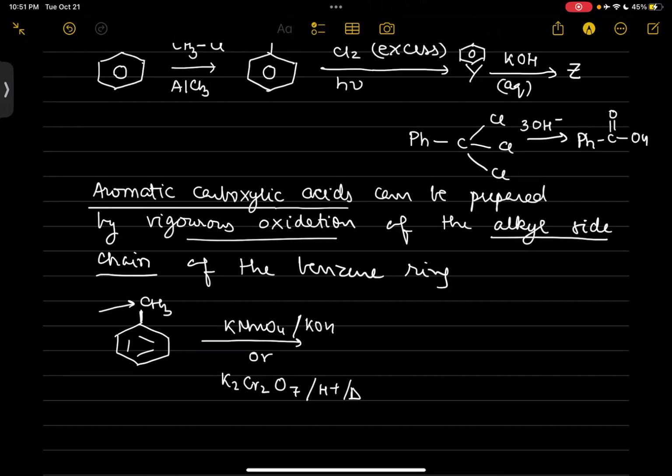It gets completely oxidized to benzoic acid. If you have a basic medium, you will initially have COO minus. So if a basic medium is there, to get the carboxylic acid, you need to put H plus.